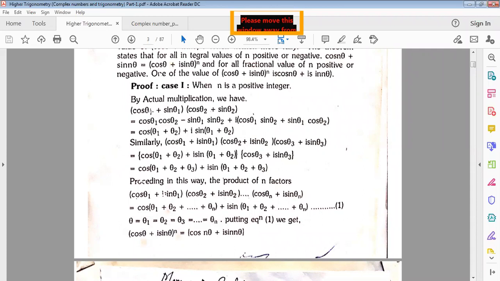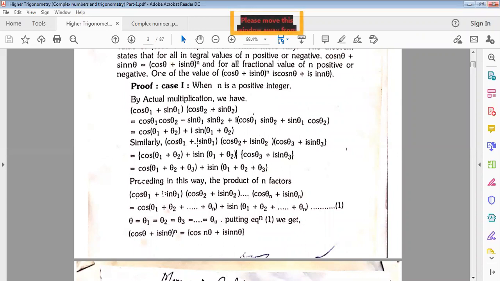That means multiplying just two complex numbers, considering n positive, first complex number for n equals 1, second complex number for n equals 2, then multiplying we get cos (theta 1 plus theta 2) plus i sin (theta 1 plus theta 2).